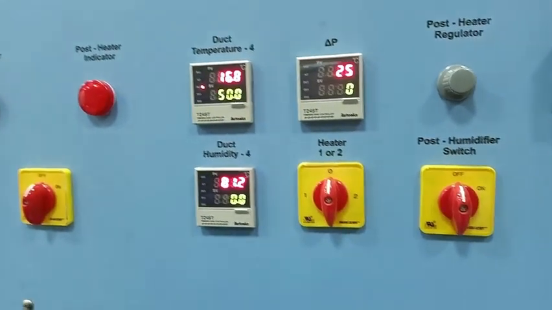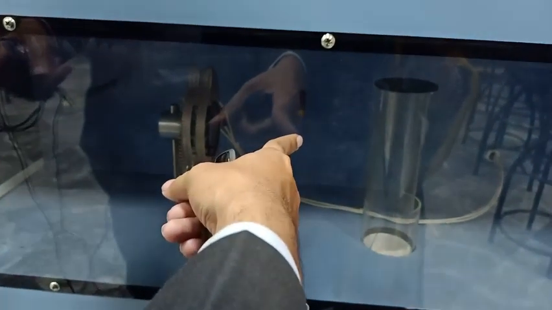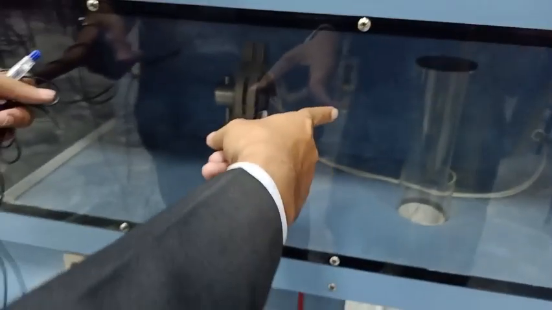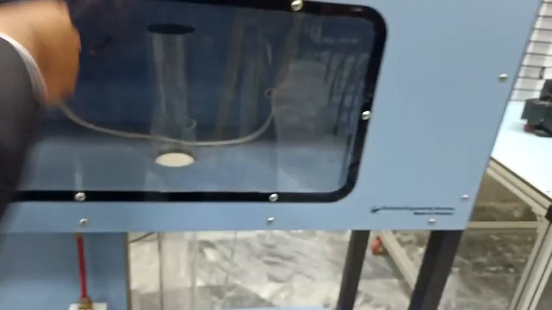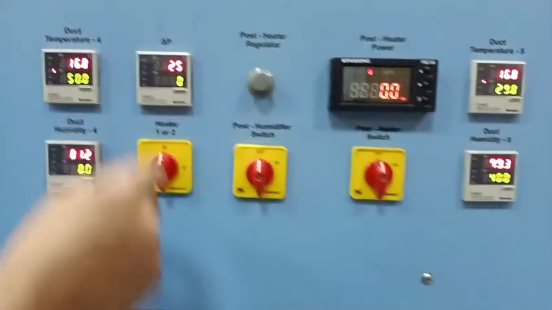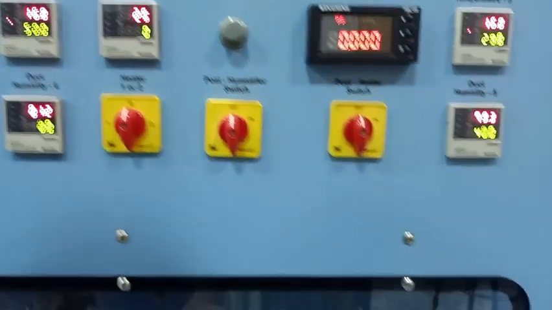And this is the duct 4 area, because we have turned off the sensible heating, so that's why the temperatures and humidity are almost the same, and the pressure drop across the apparatus is 25.